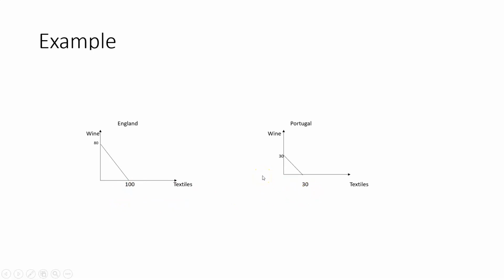So, using the theories of comparative and absolute advantage, Portugal ends up having a comparative advantage in the production of wine. So we're going to let her make wine. And we give the comparative advantage of textiles to England.